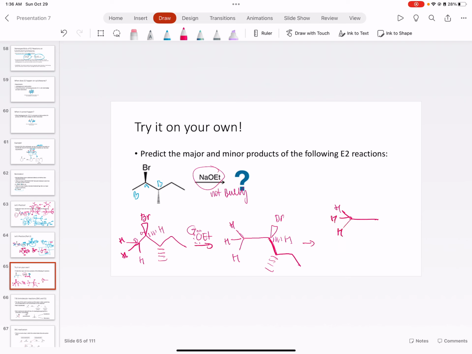So then I'm just going to do steering wheel for this side. Just going to keep regular bonds in here. I'll bring my hydrogen up here. I'll put my bromine down here. So then I can put this one down, and then I can just do this. Hydrogen, hydrogen.